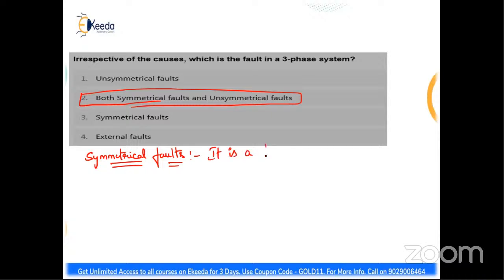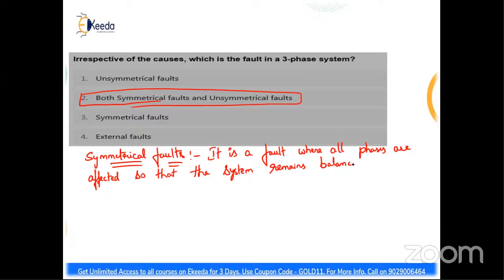It is a fault where all phases are affected so that the system remains balanced. This is the first point.